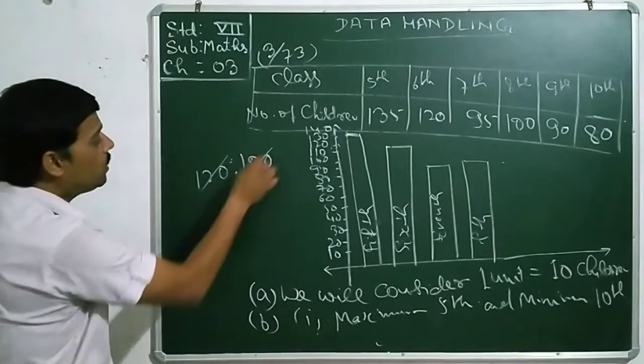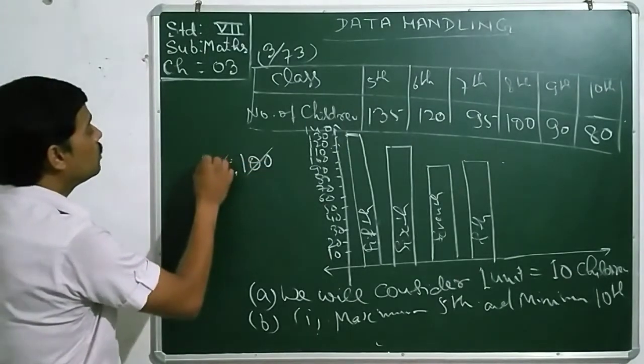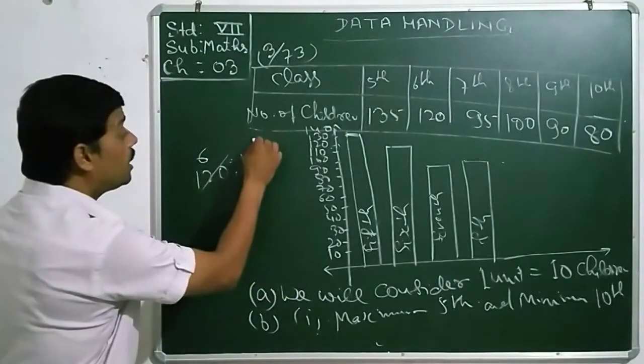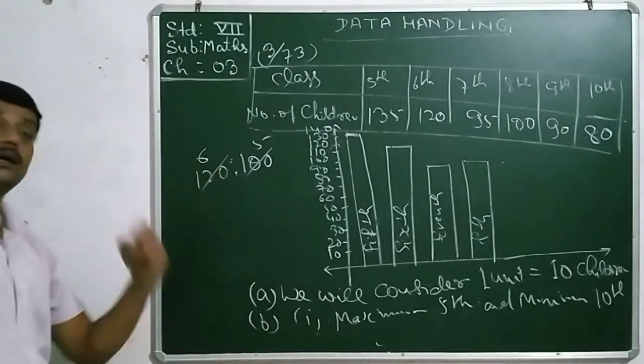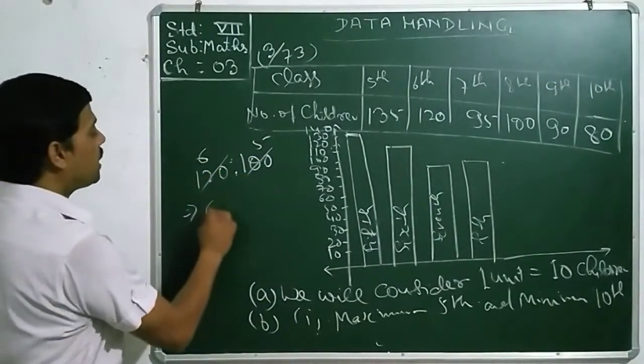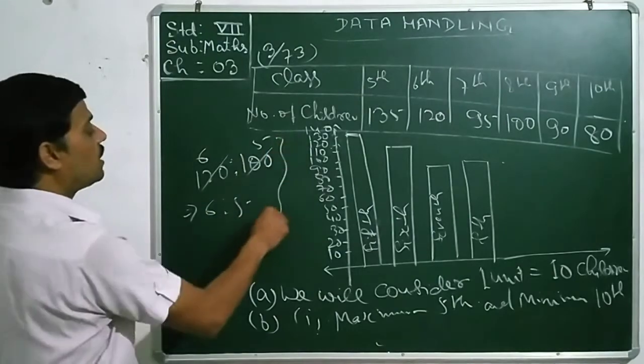This reduces to the lowest terms: 5 sixes are 30... 120 is 6 times 20 and 100 is 5 times 20, so you will write it as 6 is to 5 at last.